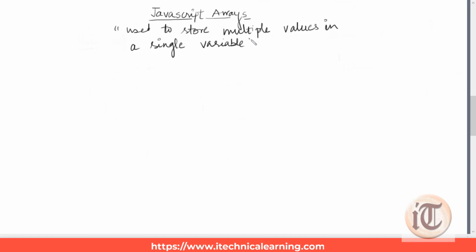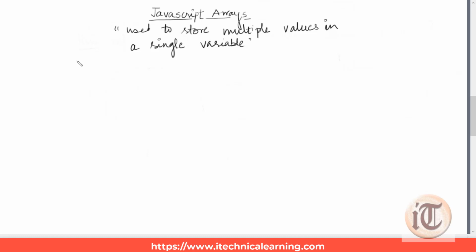This is very similar to the definition of objects that we discussed in the last lecture, so we'll take a very detailed look at how JavaScript arrays are different from objects.